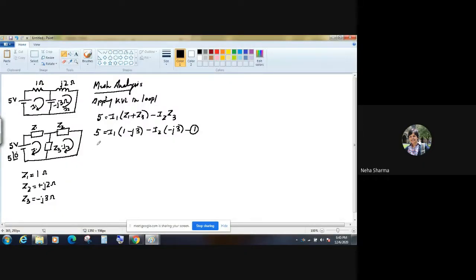When I do it for the second one, that is when I apply KVL in loop 2, then I get 0 is equal to I2 times Z2 plus Z3, and I1 times Z3, with a negative sign because the two currents are in opposition.